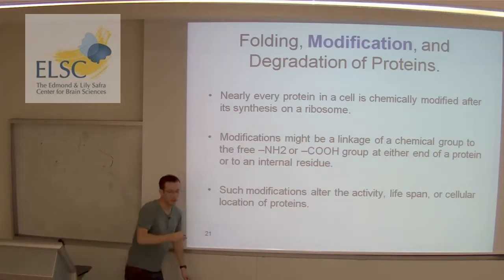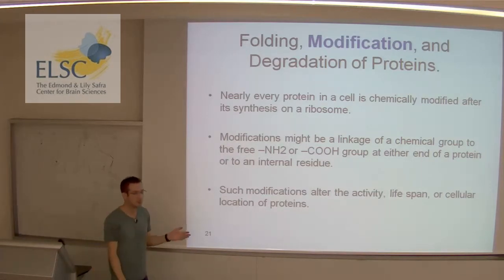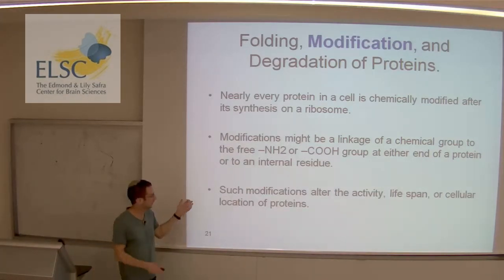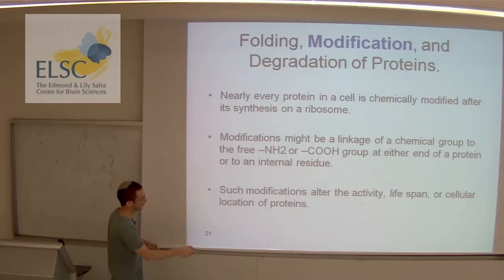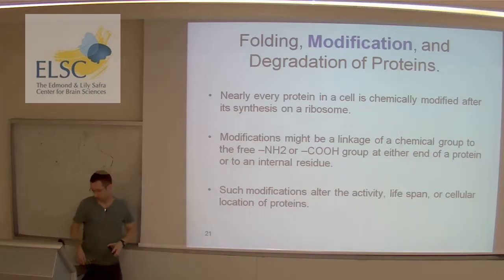And such modifications can affect several aspects in the life of a protein. For instance, it can lengthen or shorten the lifespan of a protein, change the cellular location where the protein is, and alter its activity, and so on.